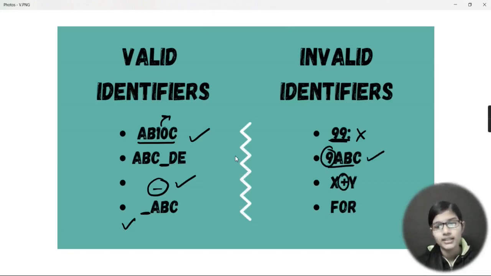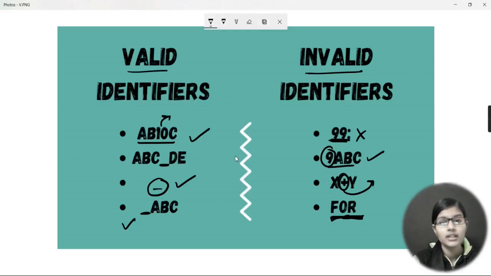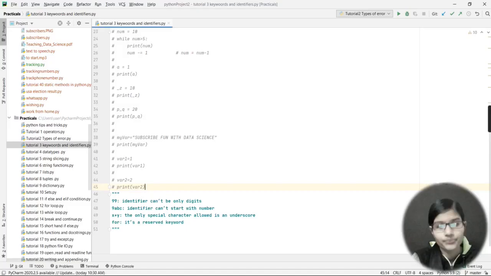Then here the symbols. I have already told that we can't use any special symbol here, but plus is a special symbol, so it is not valid. And for, what is for? For is a keyword, and as mentioned earlier, keywords can't be used as identifiers. So these are the differences between the valid and invalid identifiers. Now let's move to the practical for this.